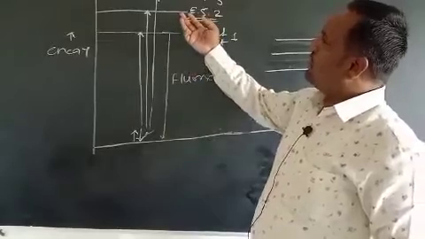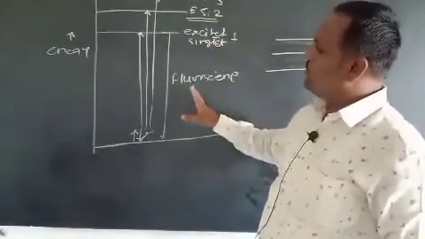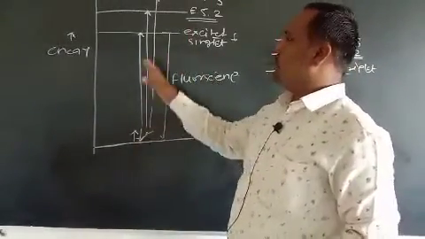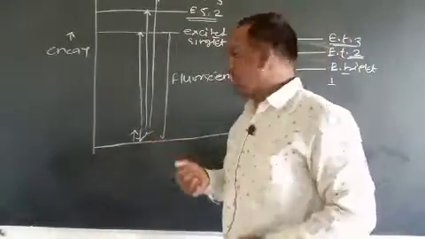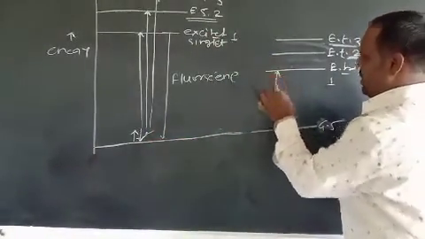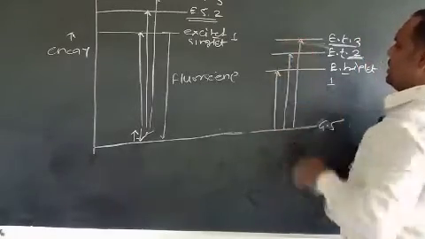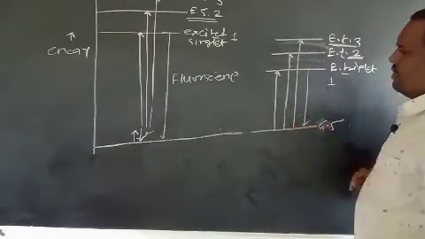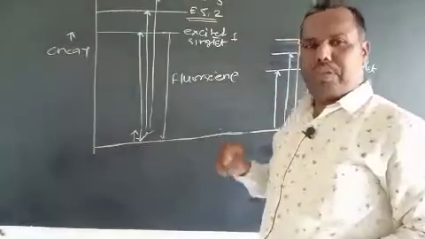Also, fluorescence can occur from excited singlet second to the ground state. So fluorescence occurs in the excited singlet state: the electrons or atoms go into the excited state and return to the ground state with emission of radiation. In the other case, the electrons, atoms or molecules go into the excited triplet state and again return to the ground state with emission of radiation.